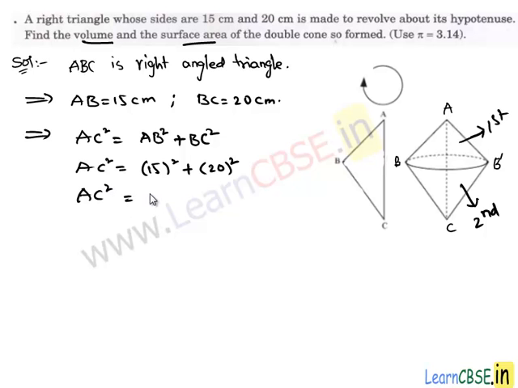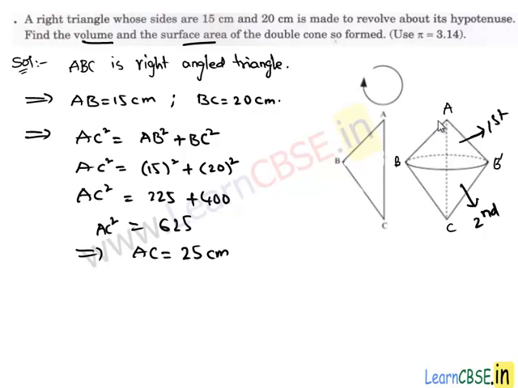We get 15 square is 225 and 20 square is 400, and the sum is equal to 625. Then we have AC square is 625. By applying square roots, we get the value of the hypotenuse, which is 25. Since 625 is a perfect square, the square root of 625 is 25 centimeters.